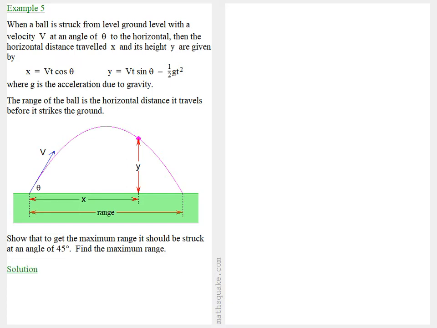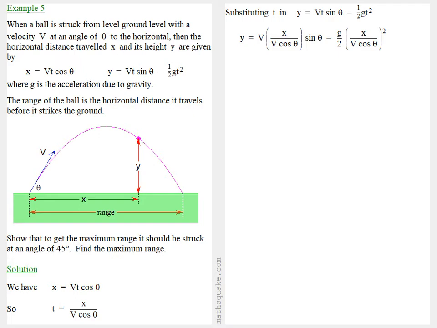Well, to solve this, we've got x = vt cos theta, which can be rearranged to give t = x over v cos theta. Now we can substitute t in the equation y = vt sin theta - ½gt².